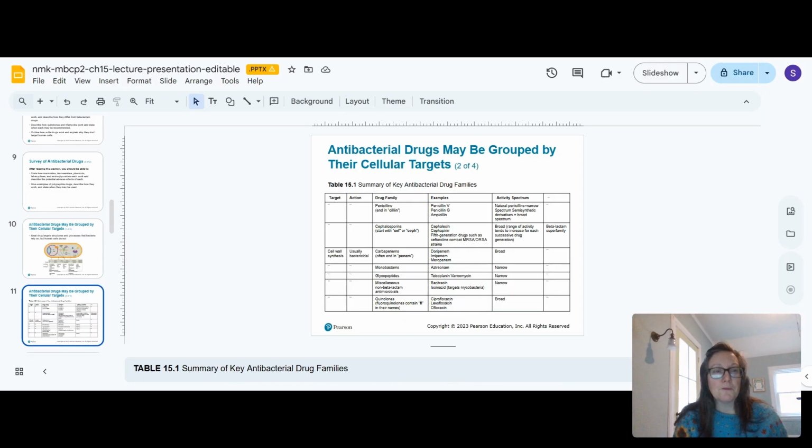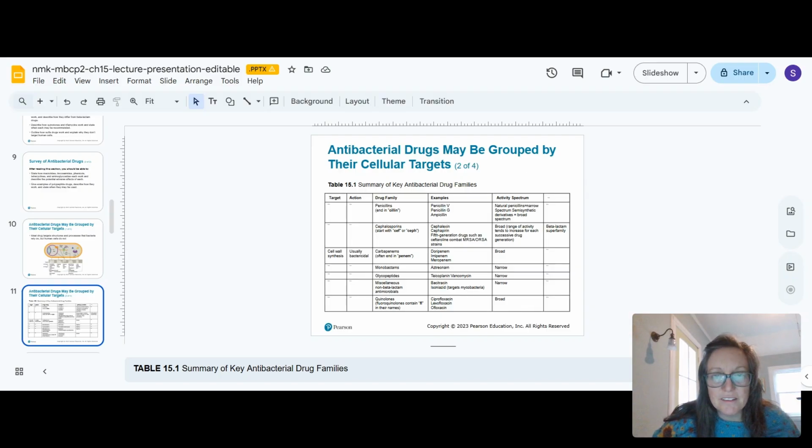Table 15.1 is a pretty extensive table in the textbook. However, it's got some interesting information in it and some names of drugs that you might hear in the offices that you work in, or in everyday life. We've got things like bacitracin, a pretty common topical antibiotic that disrupts cell wall synthesis of certain bacteria.